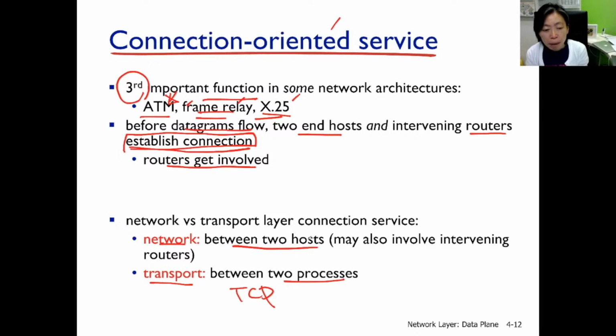All right? But be careful. The internet at the network layer does not implement connection-oriented service. However, the transport layer implements connection-oriented service. So just be clear. The internet, the subject we're talking about and will continue to talk about, does implement connection-oriented service at the transport layer, but not at the network layer.